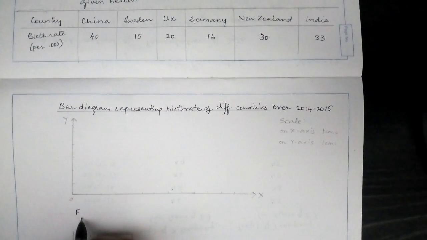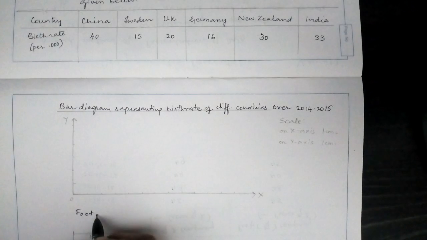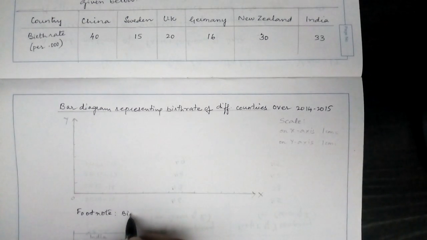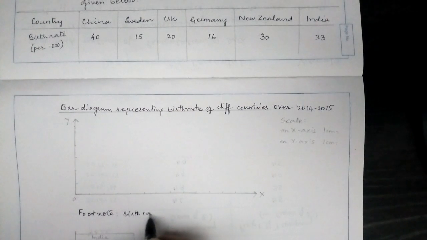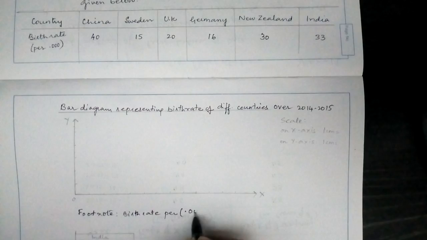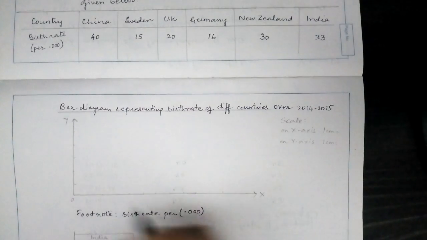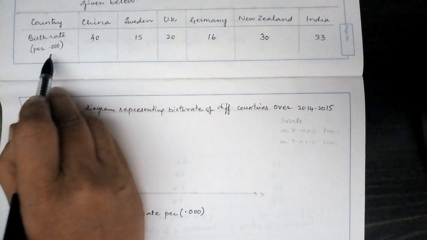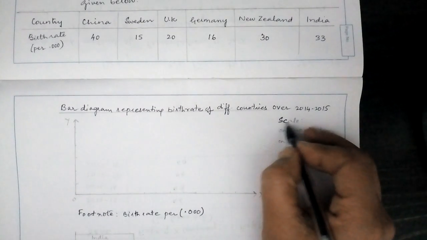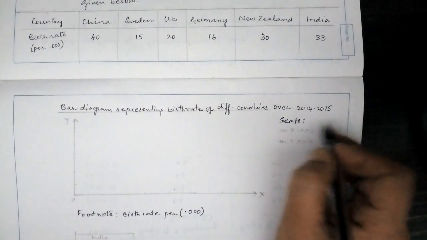Do you remember what we learnt in the tabular form? So the footnote can be birth rate per thousand. This is how we are given in the table here. Then we need to write a scale, just as you write in your mathematics.